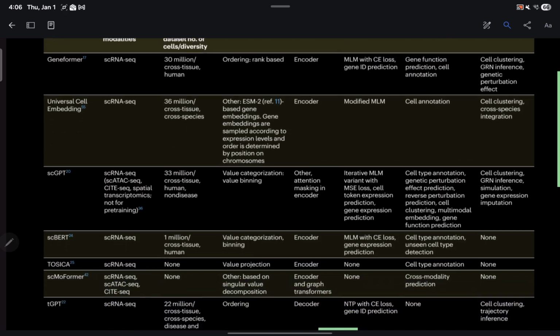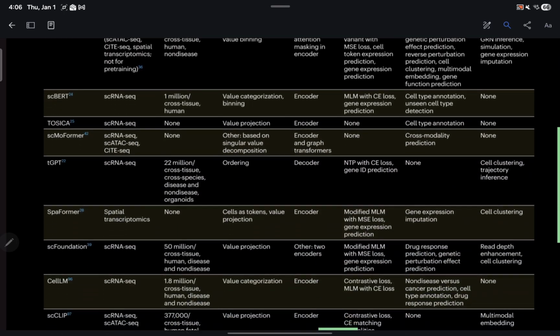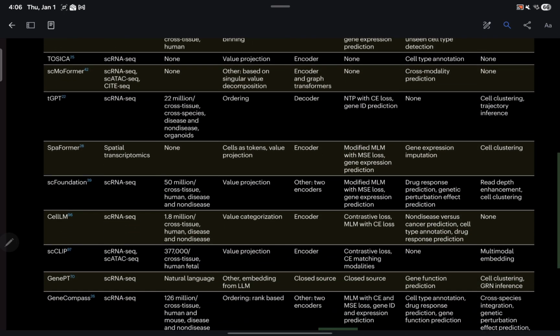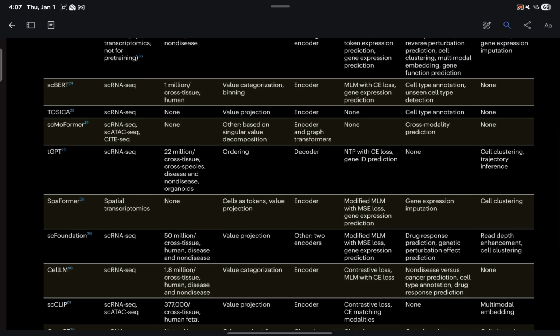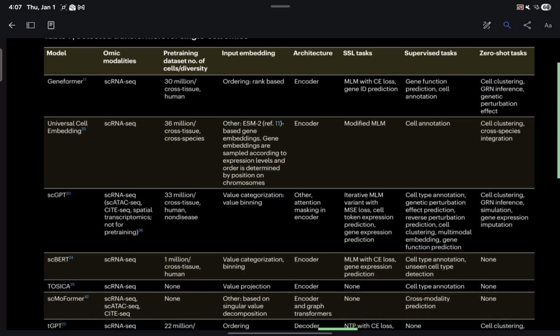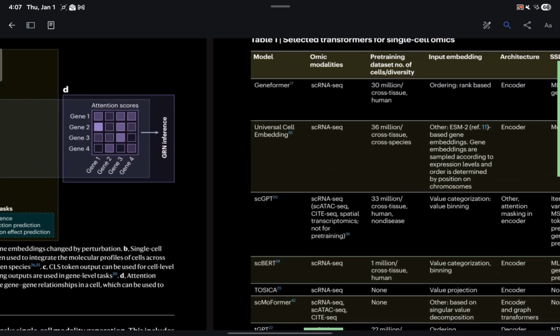And as you can see, you need millions of training data, which is one of the problems with transformers. They are very data hungry, and you can see mostly they train on the encoder only, sometimes on decoder only.